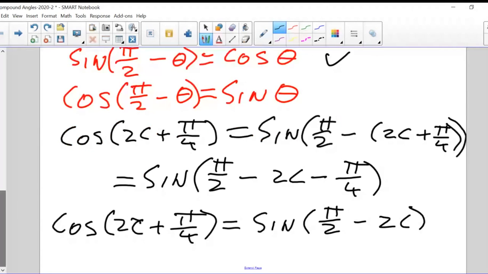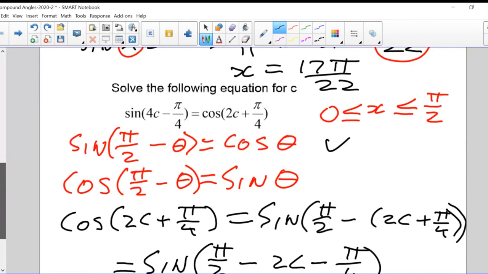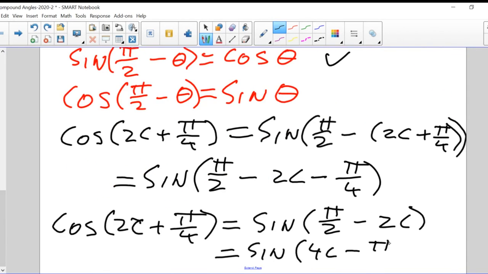So I'm going to say that all of these three things are equal to the sine of 4c minus pi over 4. All of these things are equal to each other.